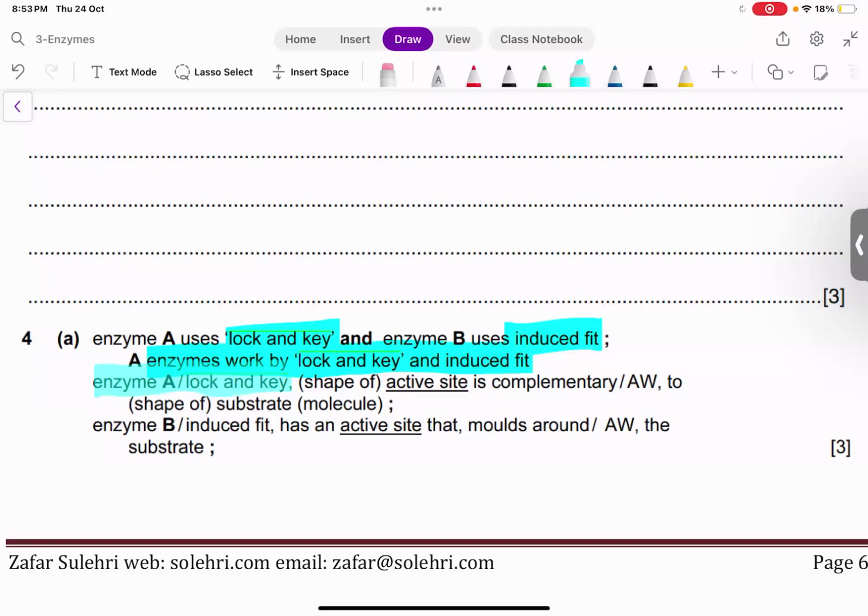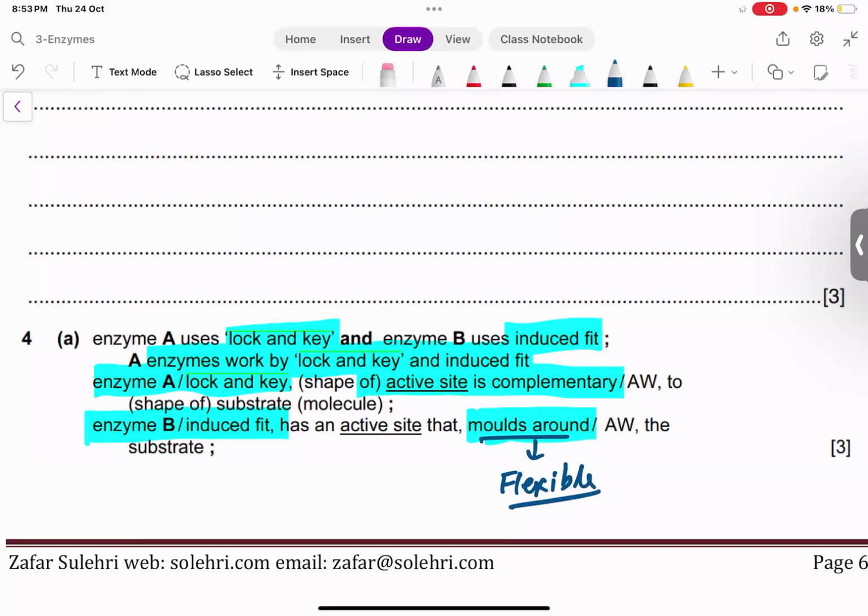Enzyme A, lock and key, has a shape of active site that is complementary, and enzyme B, induced fit model, has an active site that molds around the substrate or is flexible. You can write it is flexible, and a change has been induced in it. So you can write in alternative words. This is what AW means, alternative words. So you do not necessarily need to write these words. You can write your own words as we have discussed earlier.